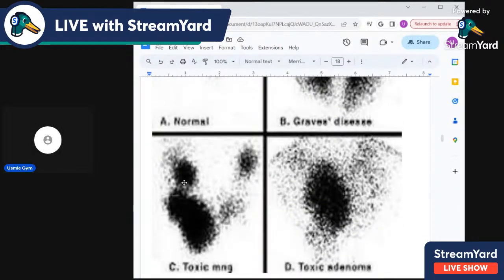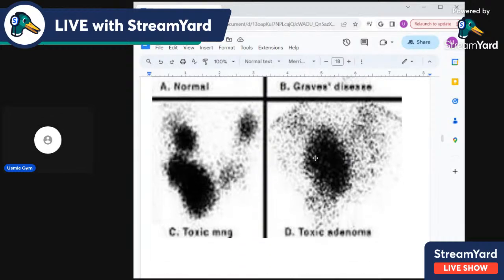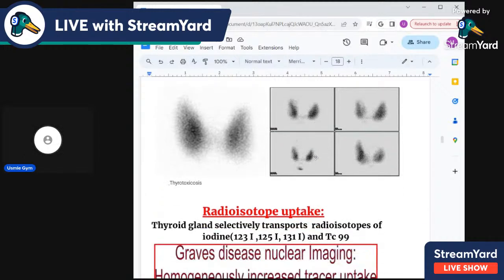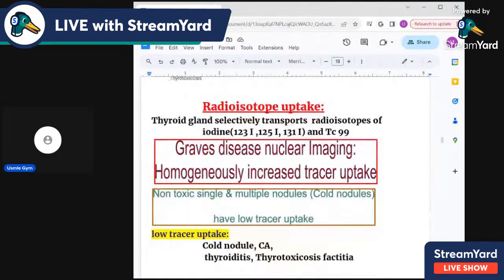This is the normal, and this is multinodular goiter, and this is single hot nodule, toxic adenoma. Then we have thyrotoxicosis, and these are serious. The uptake is not taken equally.